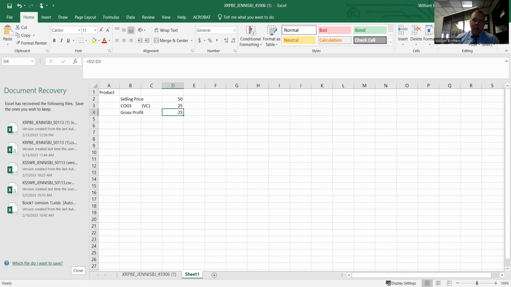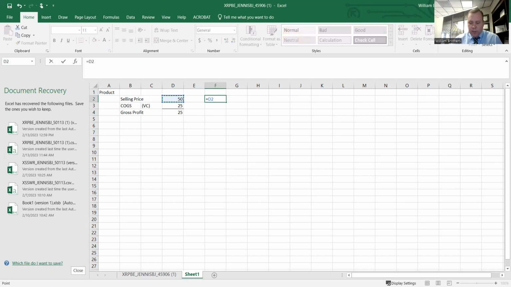Now, why do I call these variable costs? Well, what's going to affect how much I'm paying in this area is the volume that I sell. So for instance, let's say that I sell 1,000 units. It's $50,000.